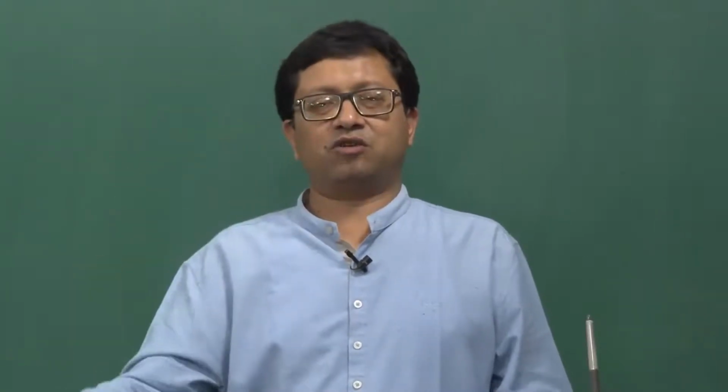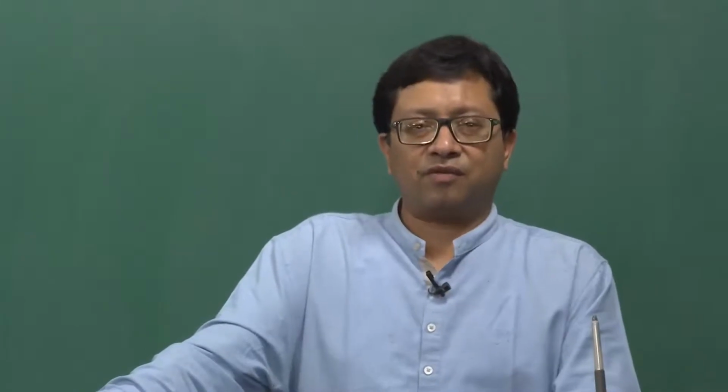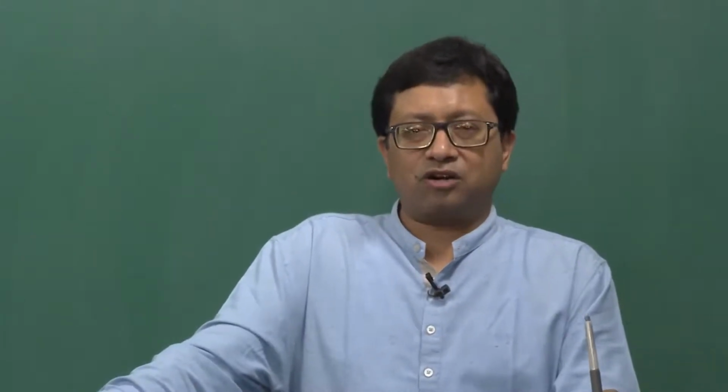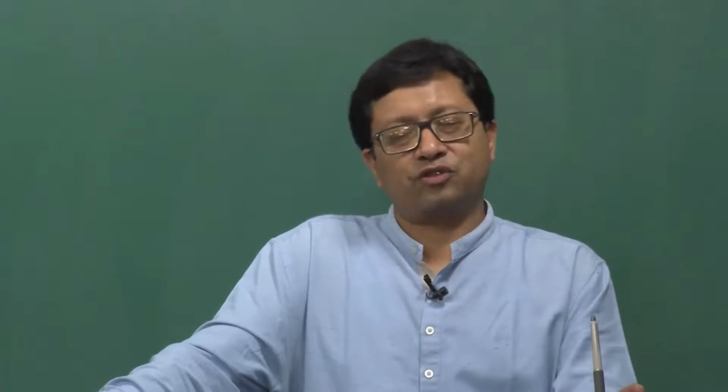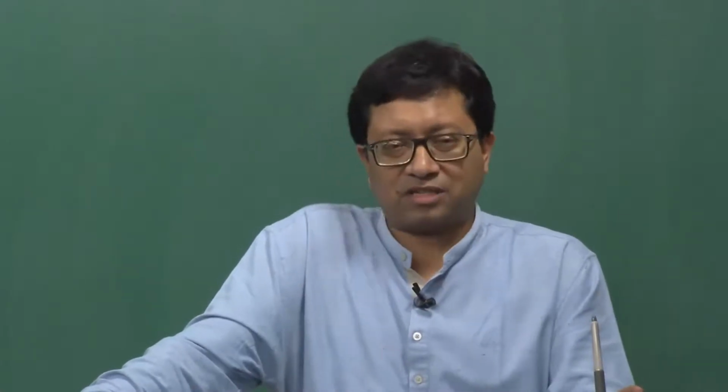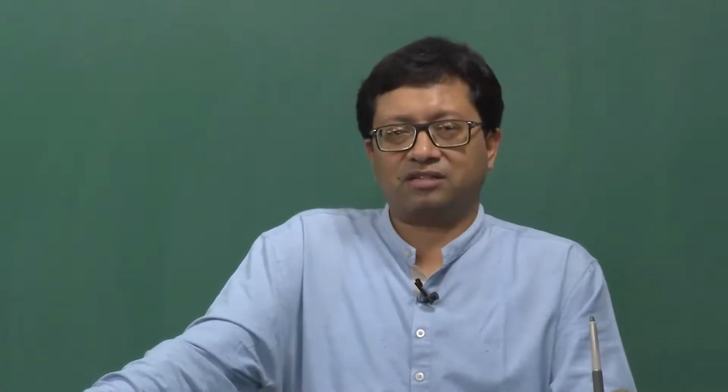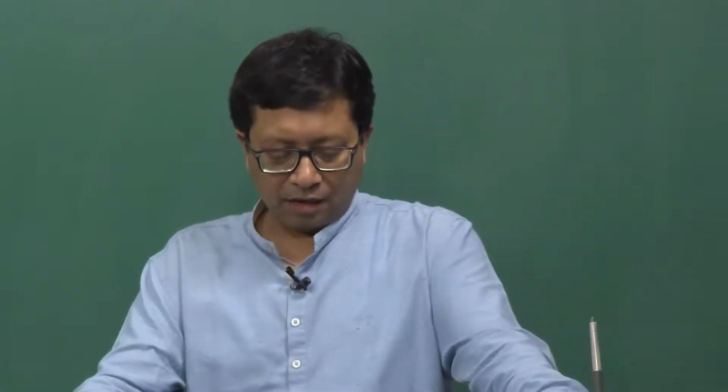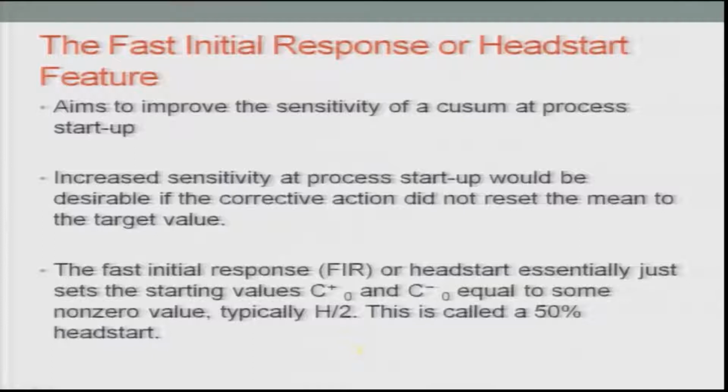This normalization is for utilizing the standard normal deviations, and even though they may not make much sense here, we are utilizing the fact that the central limit theorem holds true in this case also. So, this way of finding C plus and C minus using the value of typically h by 2 is called 50% head start values, and we use those initial calculations.